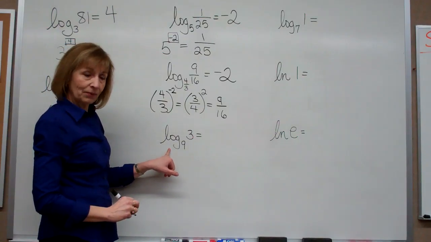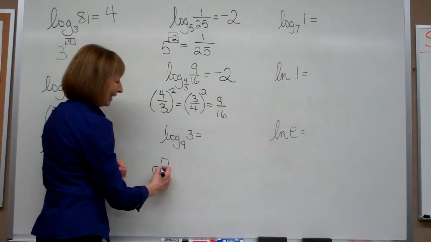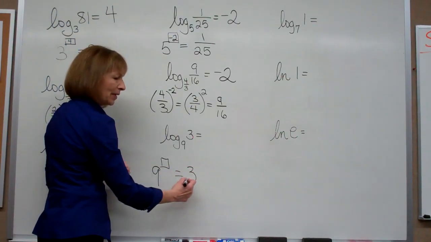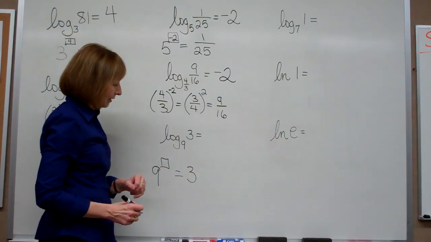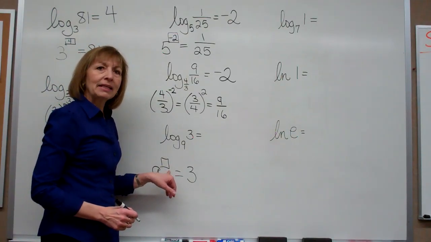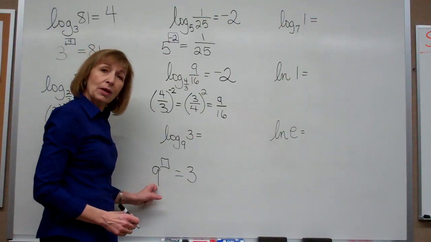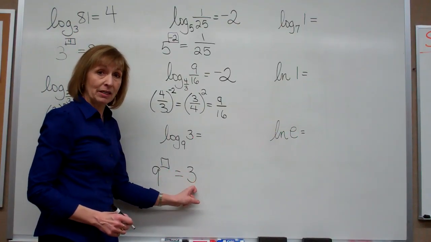Okay, how about the next one? What exponent would I put on 9 to create the value 3? Well, when I'm looking at my exponents and I'm thinking about the relationship between 9 and 3, I know the square root of 9 would give me 3.